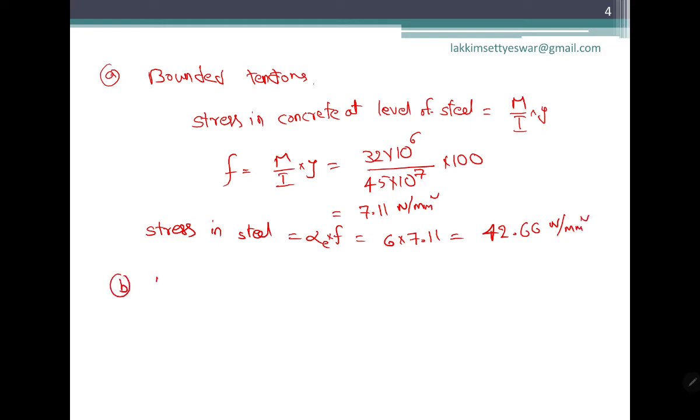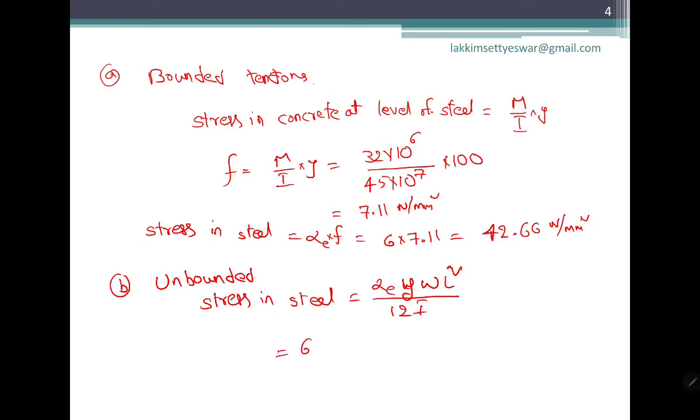Now part B, unbonded. In the unbonded case, the stress in steel is equal to alpha E into y into W L square divided by 12 I. Let's substitute the values: 6 into 100 into 4 into 8 meters square divided by 12 into I. Moment of inertia is 45 into 10 power 7.